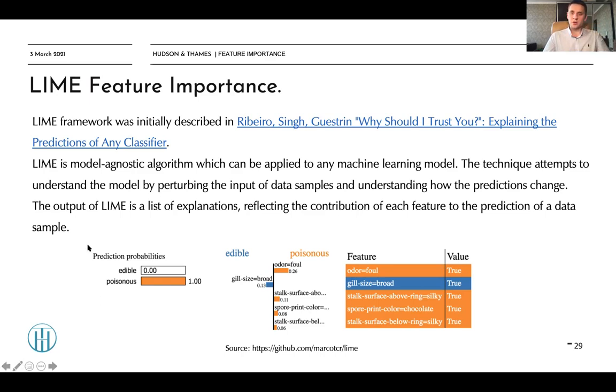So here our model predicted that the mushroom is poisonous, and the odor, stalk surface, spore print color and stalk surface below features voted for the mushroom being poisonous, and only gill size voted for the mushroom being non-poisonous. And here we can see the values of these features for this sample.